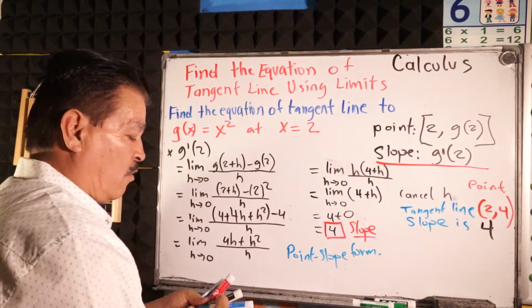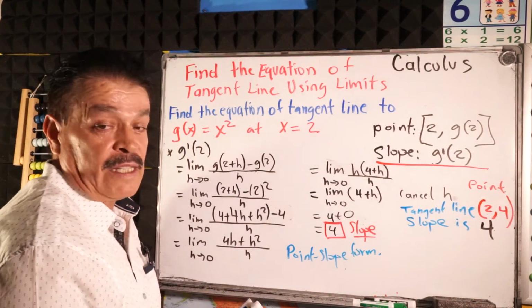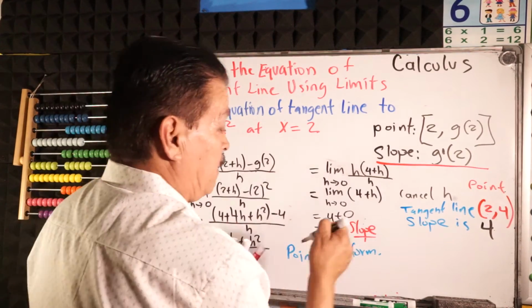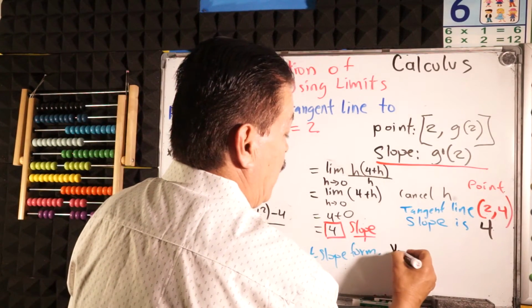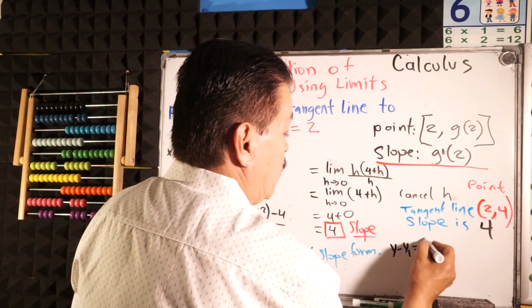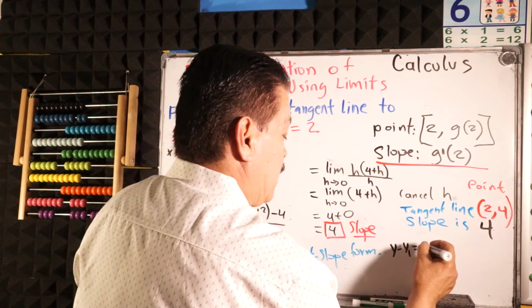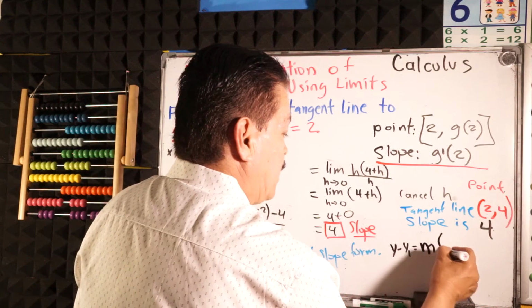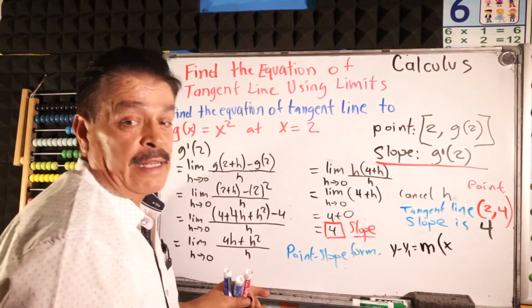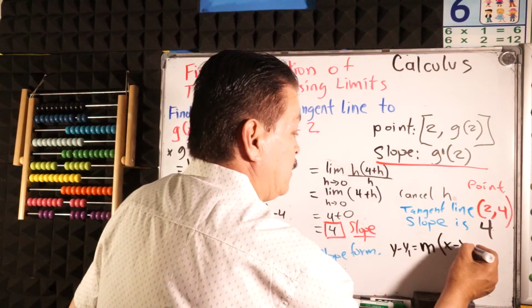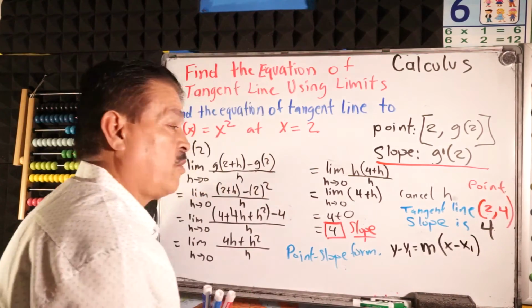What is the point slope form? The formula I gave you, I want to write again: y minus y1 equals m times x minus x1. This is the formula.